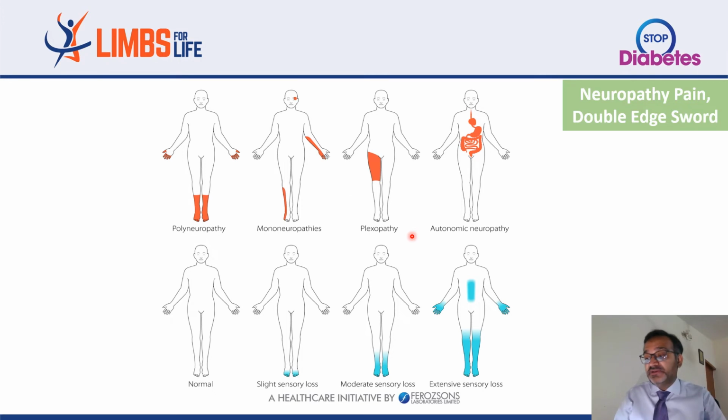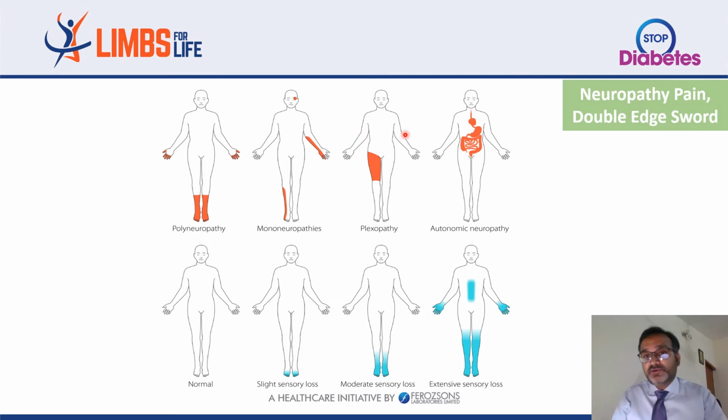plexopathy, it is most commonly lumbosacral plexopathy or cervical plexopathy. What happens is that there is a disorder of the network of nerves leading to pain, muscle weakness, and sensory deficit, right?